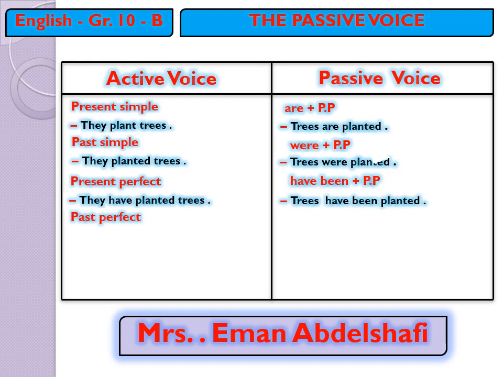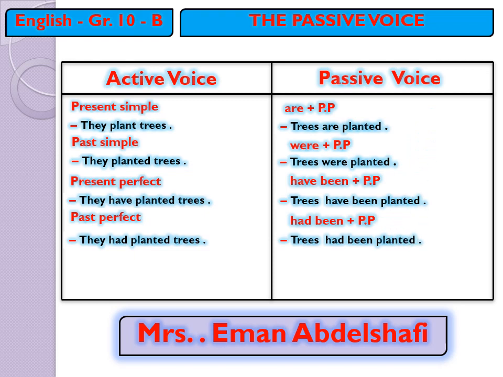Past perfect: had been plus past participle. They had planted trees. The passive: trees had been planted.